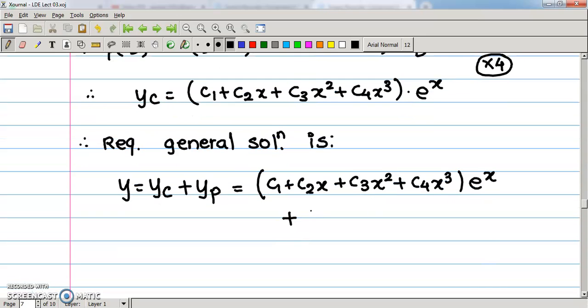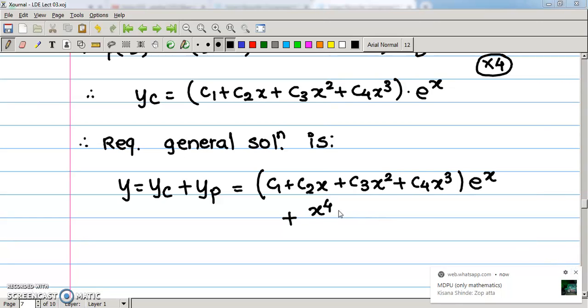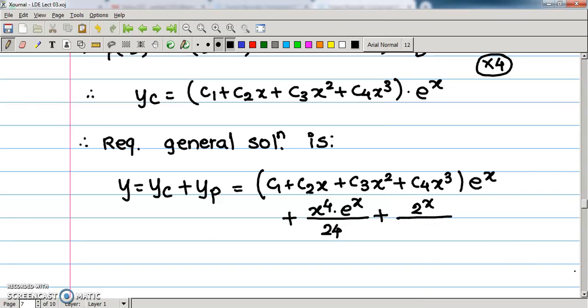Now the particular integral is x^4 e^x/24 + 2^x/(log 2 - 1)^4 + 1/3.